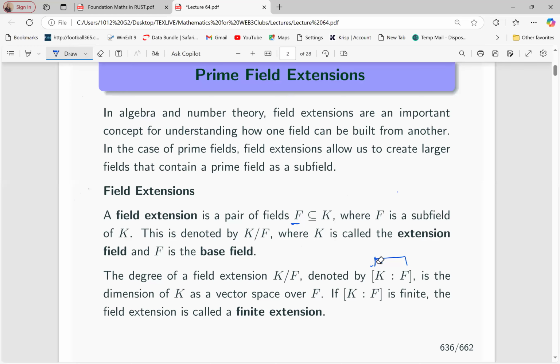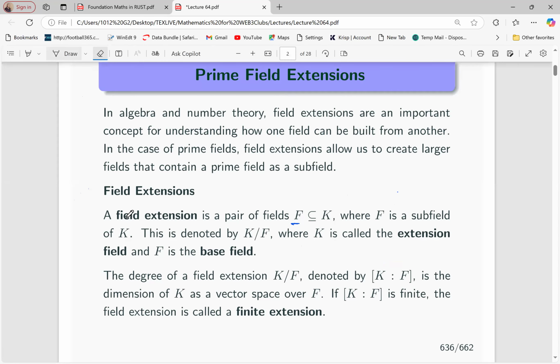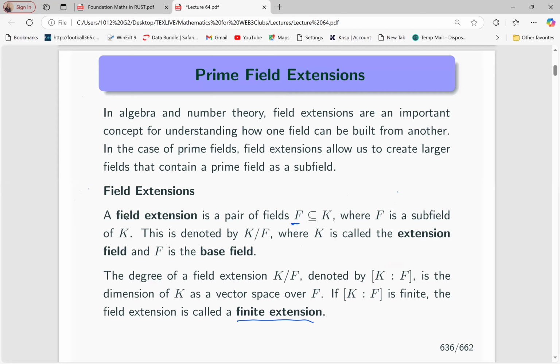So if the degree of this extension is finite, then the extension shall be known to be a finite extension. If the degree is finite, that means if the degree is a number you can count, let me say 2, 3, and so on, then we shall say that is a finite extension. But if the degree is not finite, then it will be infinite.